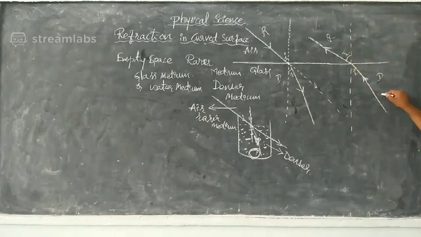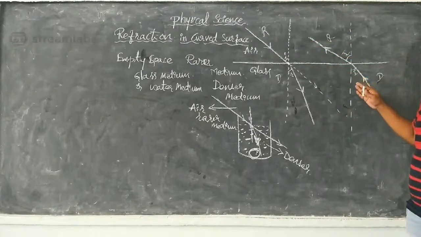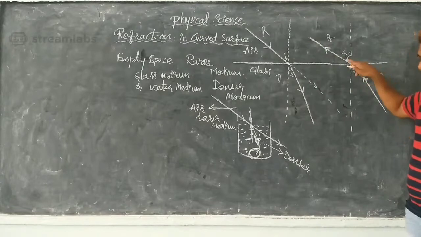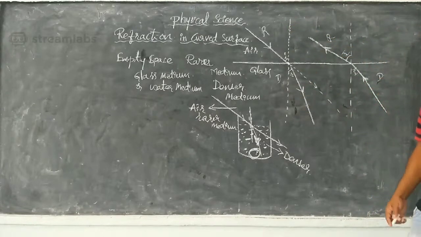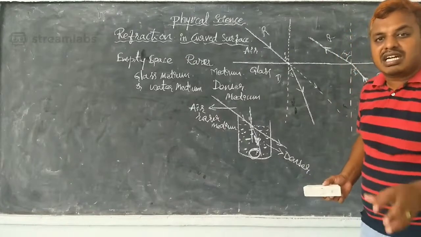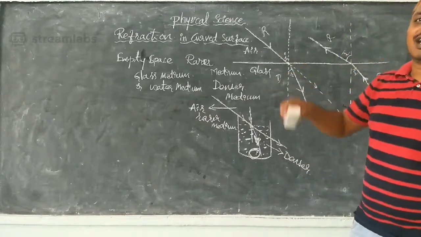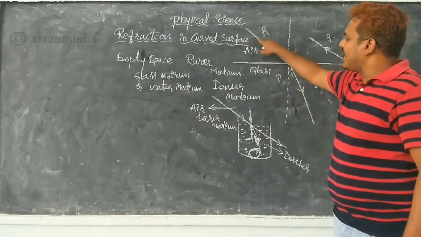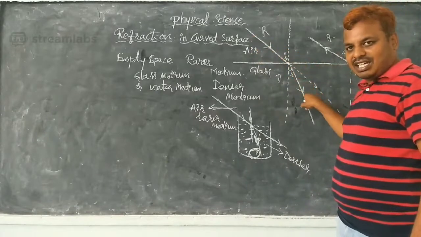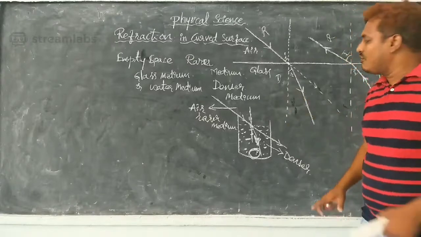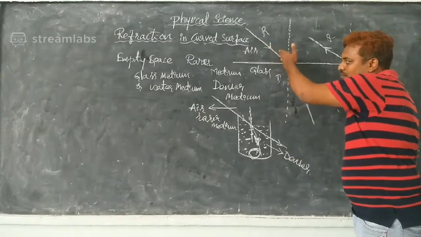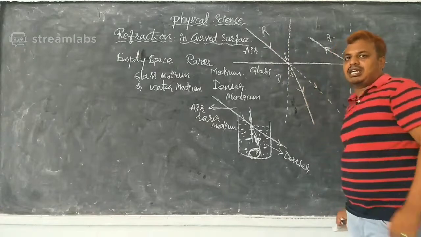What happens in the case of a light ray moving from denser medium to rarer medium? Because it was moving in the denser medium, when it enters the rarer medium it goes a little more fast, right? The speed of the light ray increases when it enters the rarer medium. The speed of the light ray decreases when it enters the material medium called denser medium.